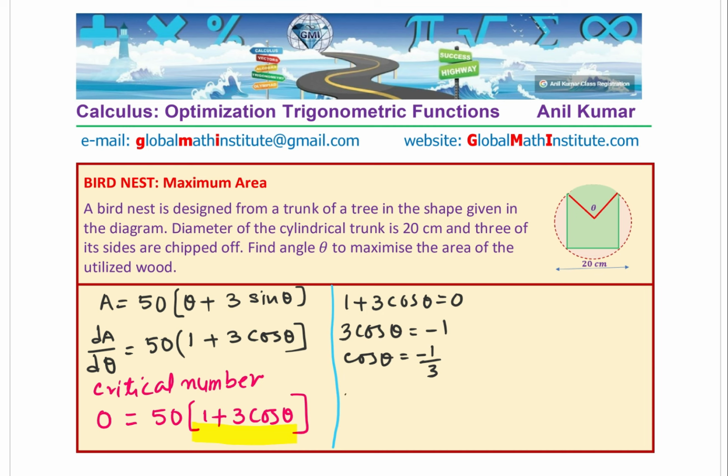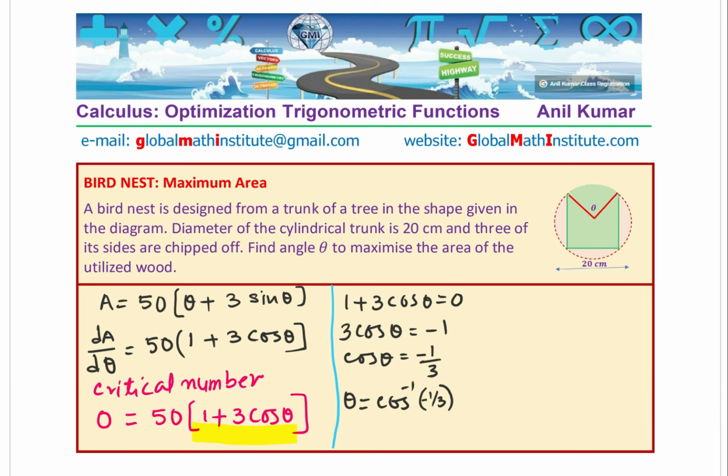So theta equals cos inverse of minus 1 over 3. We'll get an angle in quadrant 2, right?